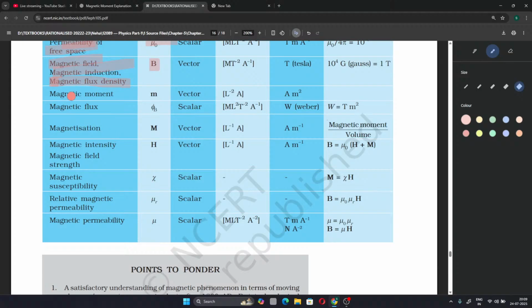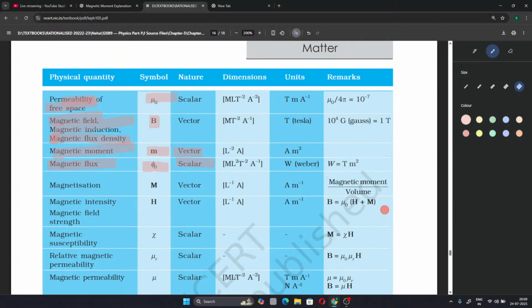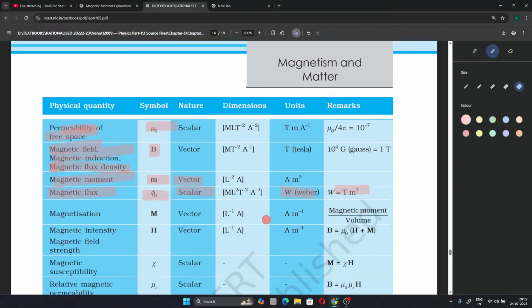Magnetic moment is a vector as well. Only magnetic permeability of free space is scalar. Magnetic flux, phi B, is scalar, and its unit is Weber, which is Tesla meter square.